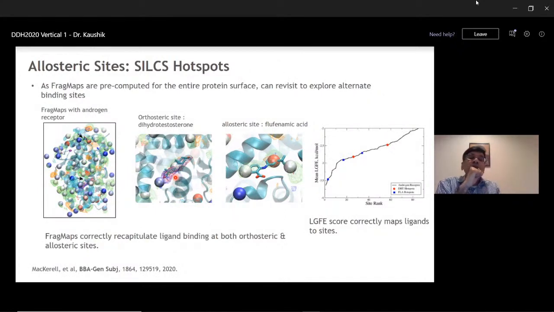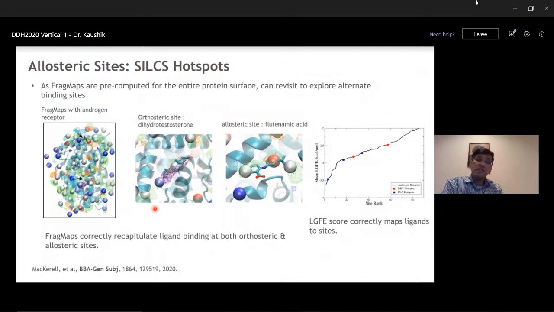Just by looking at the orthosteric binding site, you know that the fragment patterns make a lot of sense. For instance, the apolar functional groups, the aromatic functional groups and the aliphatic functional groups, correctly overlap with the way dihydrotestosterone binds into that site.